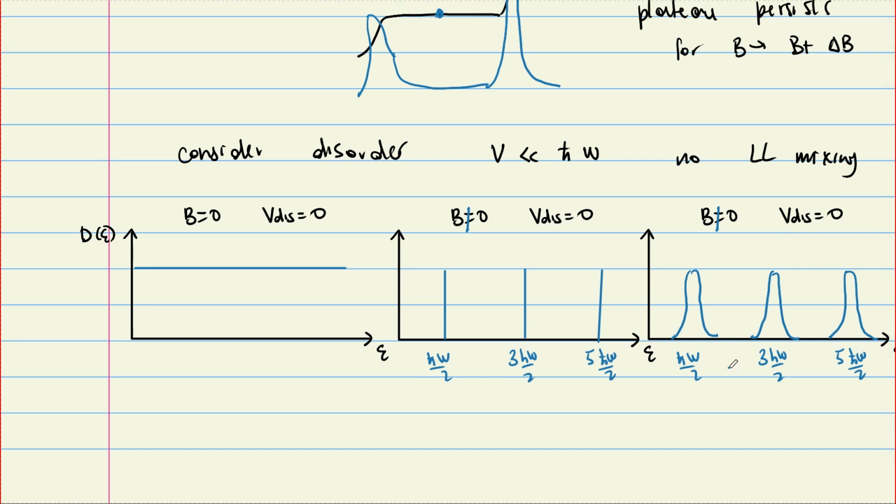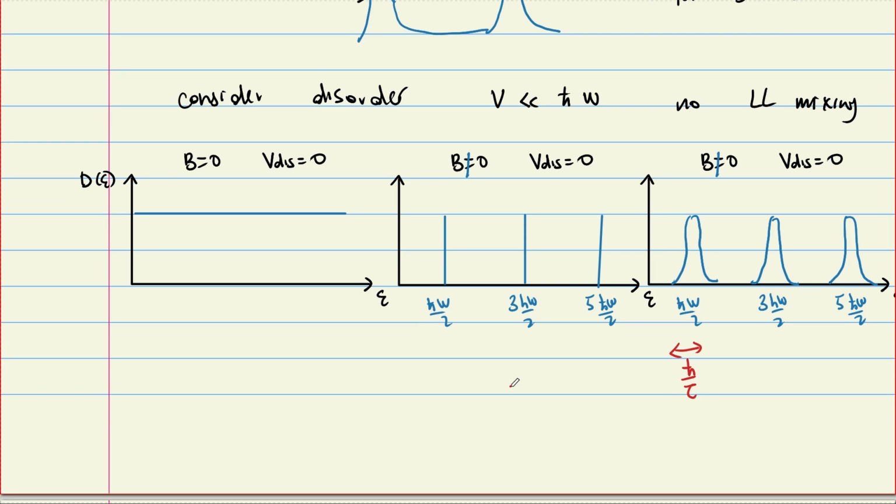And the scale of broadening is something like h bar over tau. Tau is the elastic scattering time, and smooth impurity or weak disorder means we still need to have h bar over tau much smaller than the Landau level spacing. So this separation between these two peaks is much bigger than the width of a given peak.